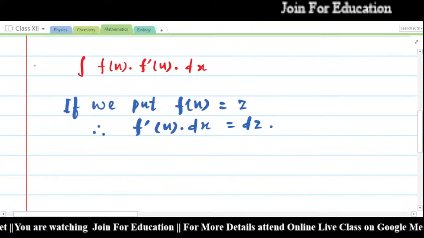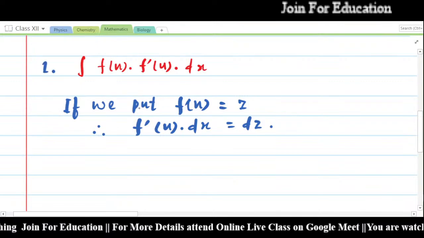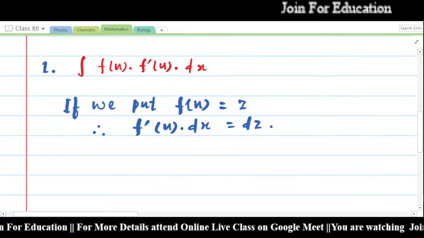This is one of the most important formulas, and this one is known as the substitution method. This method will be used during the solution of question number 6 to 10.